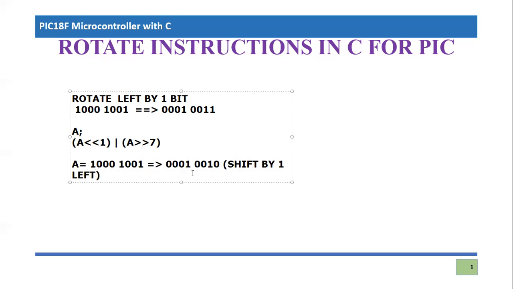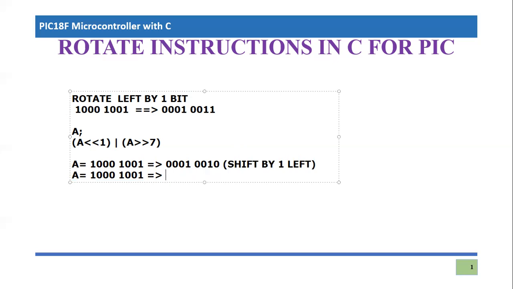What is the next operation? This is going to be shifting towards the right side by 7 bits. So A is equal to 100011001, and shifting right means these 7 bits will go to the right side or be discarded, and the remaining bits will be padded with zeros on the left side.